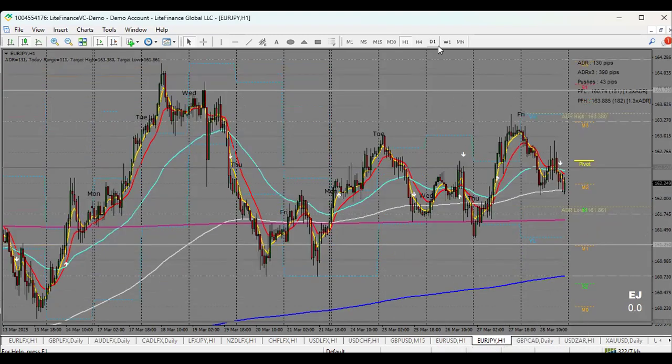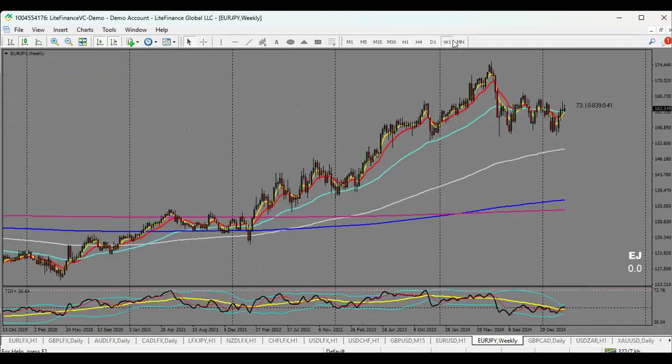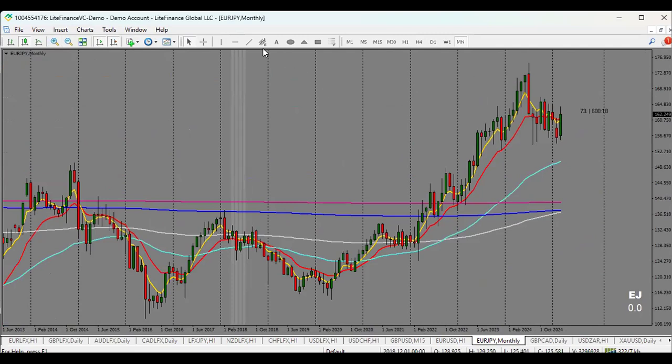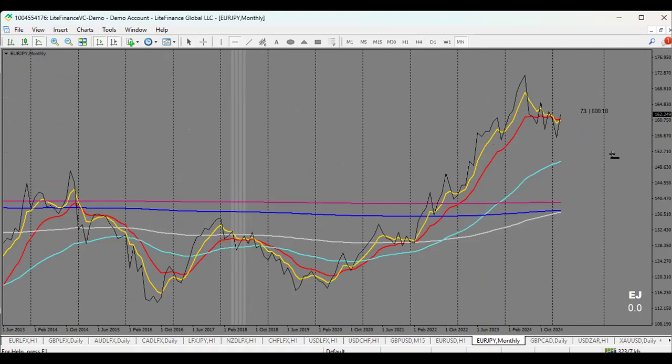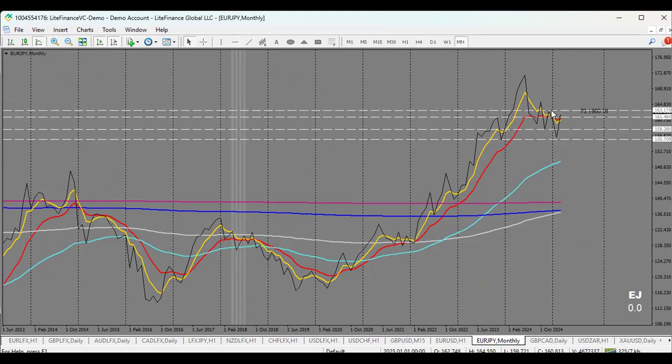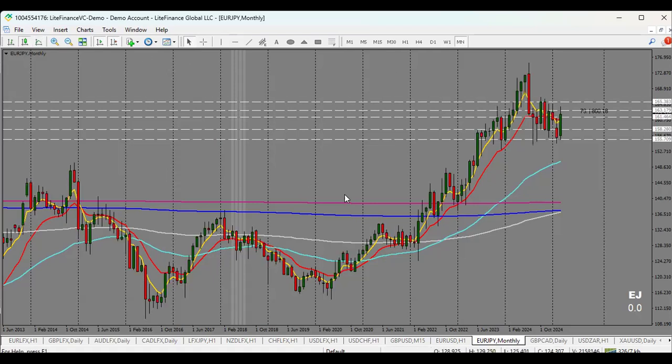So let's jump to EURJPY. We start our analysis on the monthly time frame, looking at the market structure. So we are observing areas of support and resistance that are close to the current market price.